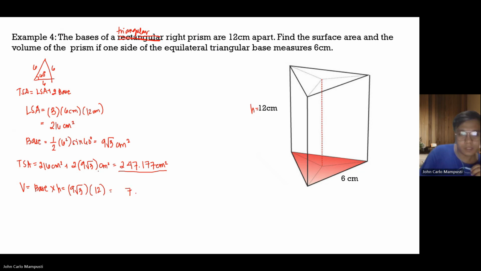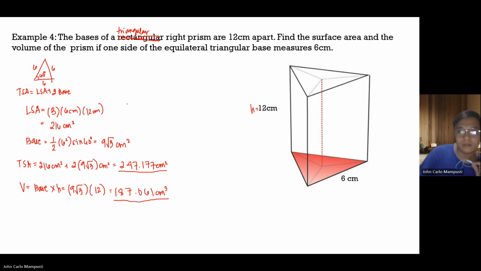Therefore, the answer is 187.061 cubic centimeter. So this is the volume of the triangular right prism. So ganun lang, no? Ganun lang kumuha ng surface area at ng volume.